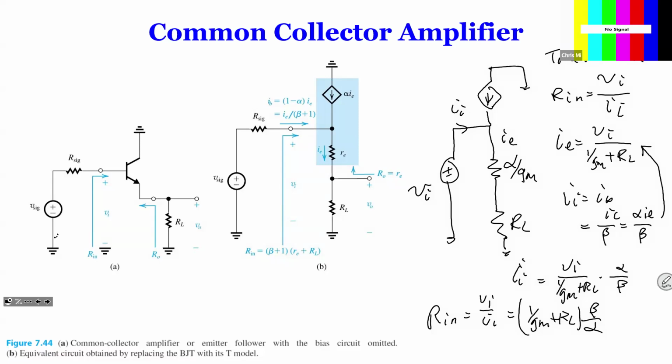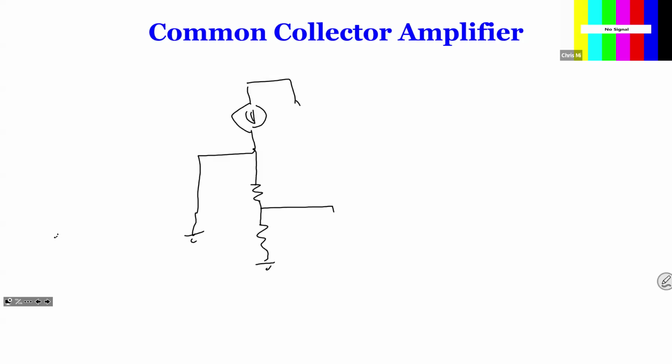One more step is to find the output resistance. For output resistance, you short the input, similar to what we did before. I'll take 1 more minute, we're going to finish this. We short the gate, or short the base, and apply a voltage over here.